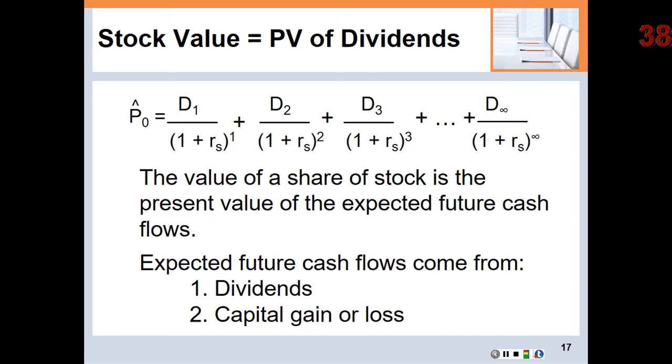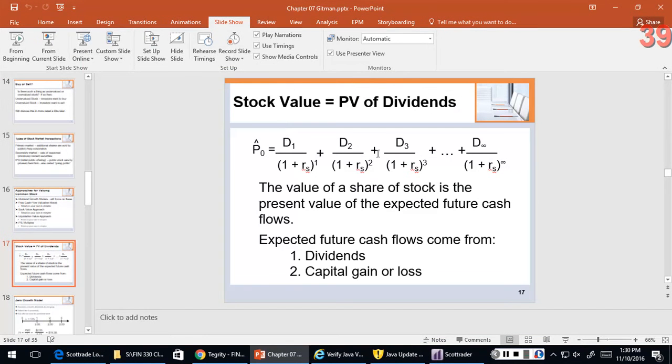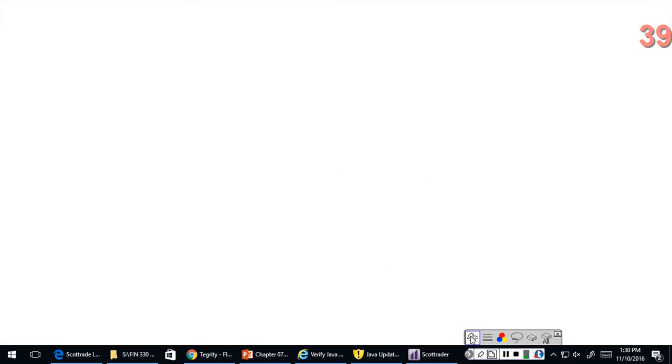So we can take this model, and also understanding what we do about present value, what this shows us is that when we get very far into the future, for example, let's say we've got a stock that pays a dividend of $1 per share, and the required return on that stock is 10%.